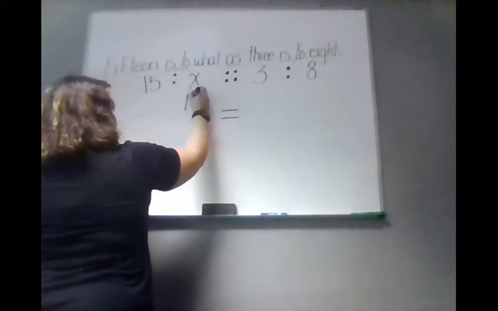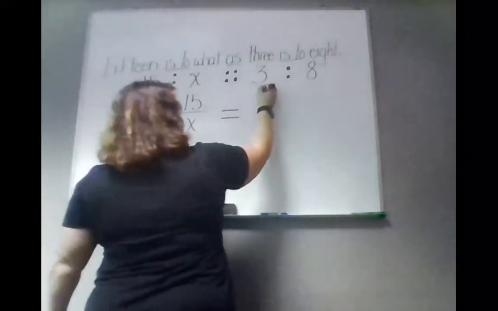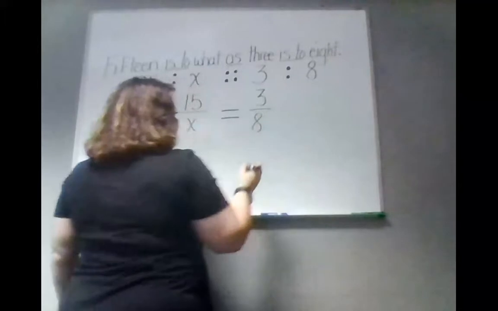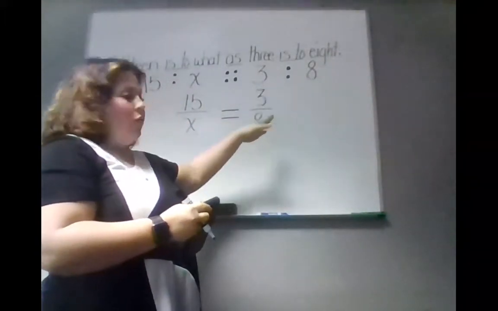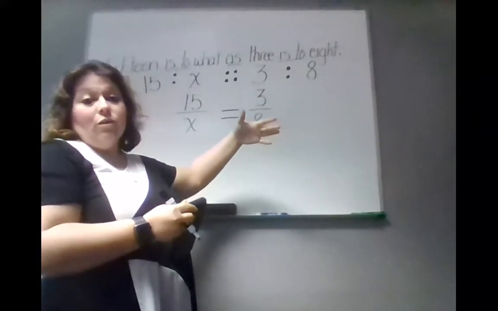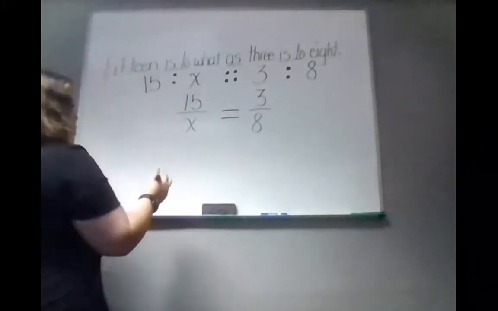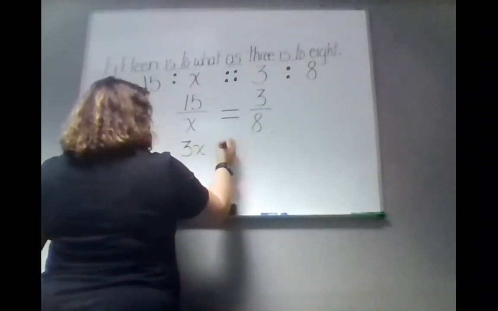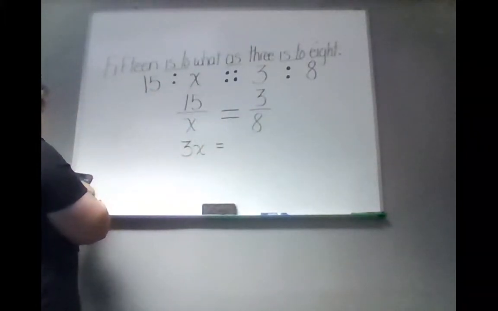We end up with 15 over x, and then 3 over 8. In the last video, we talked a little bit about reducing a fraction if you can or if you want to. 3/8 won't reduce, so we can't do this. So if we're going to do this the long way, 3 times x, because we're back to our original situation where we have an equal sign in between, so we're going to cross multiply.